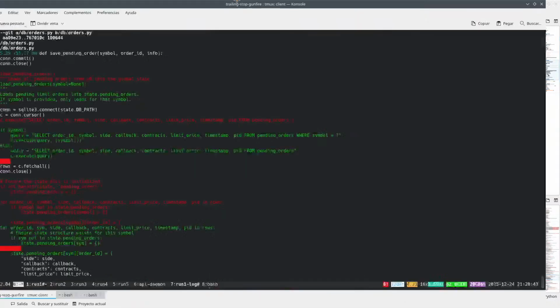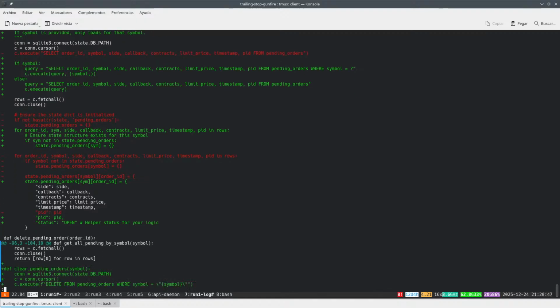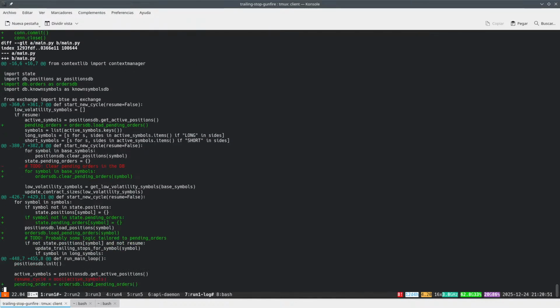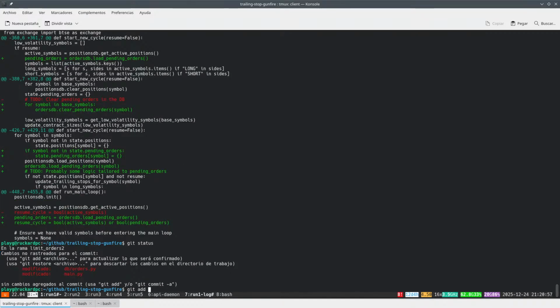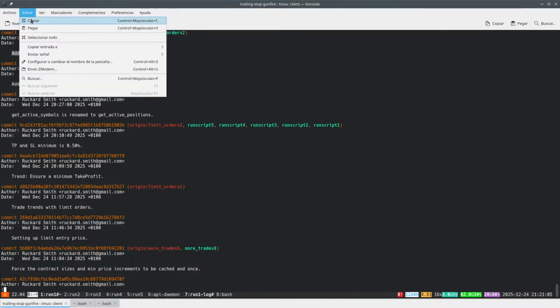So if I retest, okay, I like this, what I see. db orders main.py, added pending order support number 3.